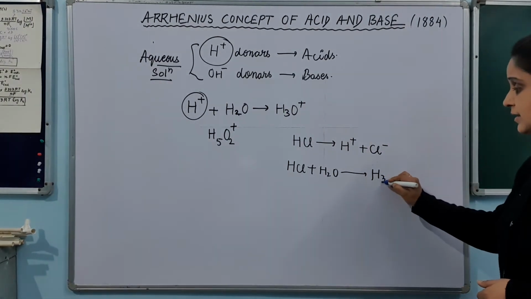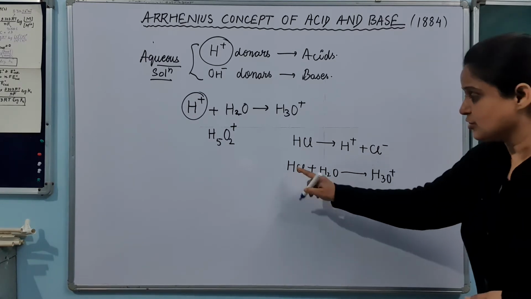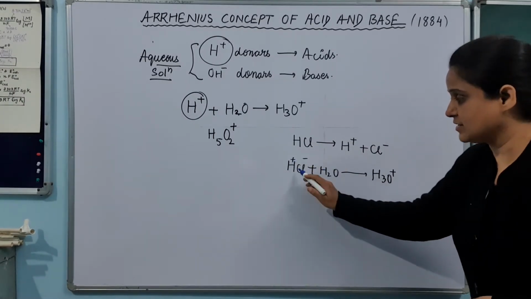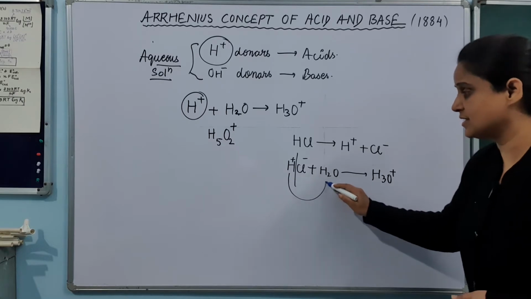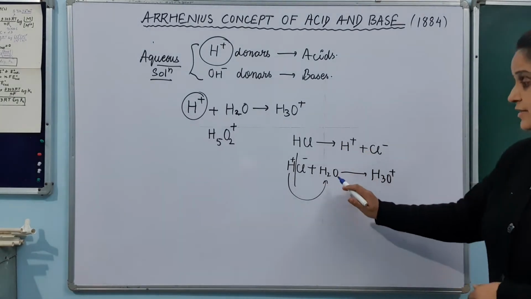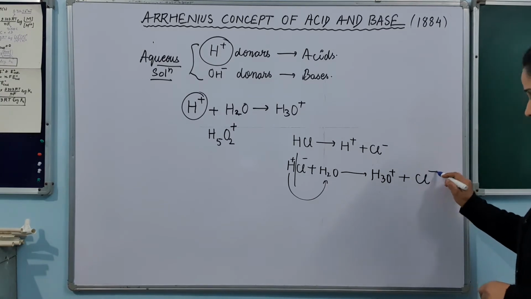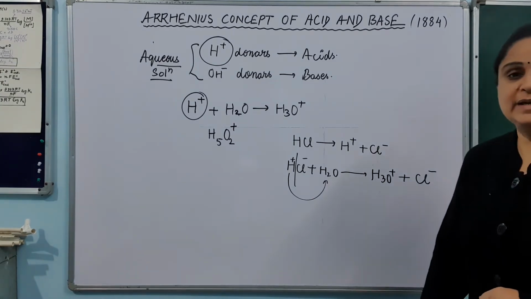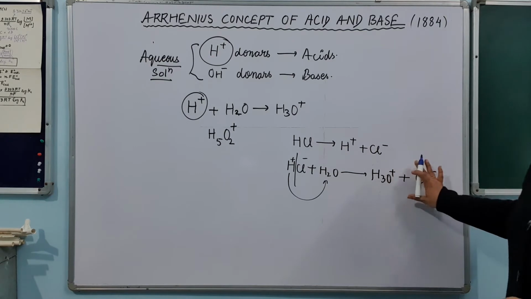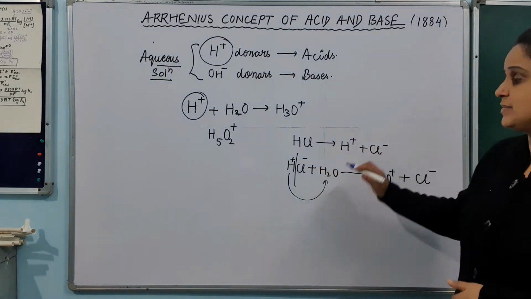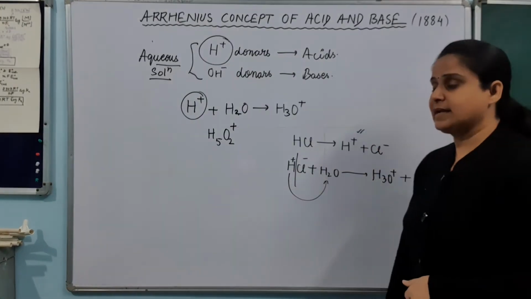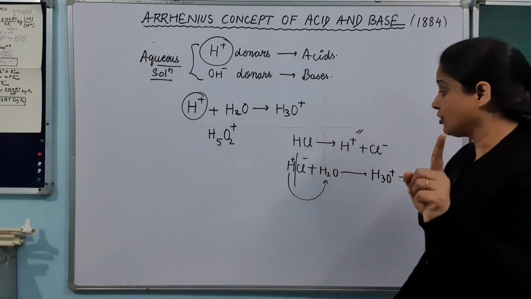So what will it form? H3O plus ion. This H plus and Cl minus are separated, but the H plus is associated with the water molecule to form hydronium ion, and the Cl minus is free. This is how the acid dissociates, and for the sake of simplicity we write it as H plus ion.